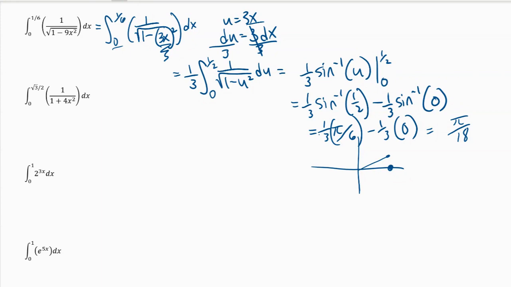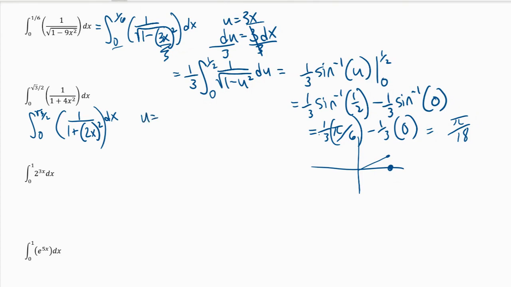Okay, so we're going to have the same issue here. I have 4x squared. I can't let that be u because then I have 8x, but I don't have an x on my numerator. So u substitution is also not going to work here. So like the one I just did, I am going to make this 1 over 1 plus something squared, and that something would be 2x because 2x times 2x is 4x squared.